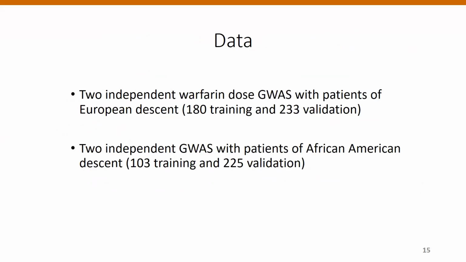Our data included 2 independent warfarin dose genome-wide association studies with patients of European descent, and we designated the smaller one to training, and I'll explain what we actually train, and the rest for validation. And similarly, we had 2 independent genome-wide association studies with patients of African American descent. Again, we split them, defining one of them as training and the other one as validation set.